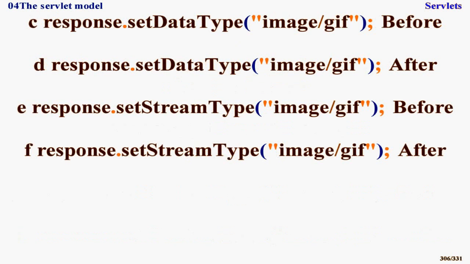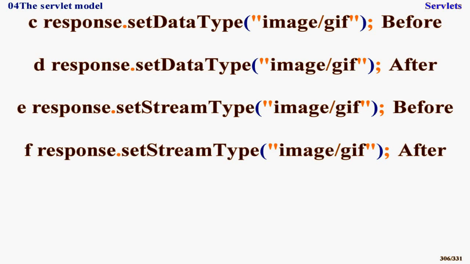C. response.setDataType(image/gif) Before. D. response.setDataType(image/gif) After. E. response.setStreamType(image/gif) Before. F. response.setStreamType(image/gif) After.